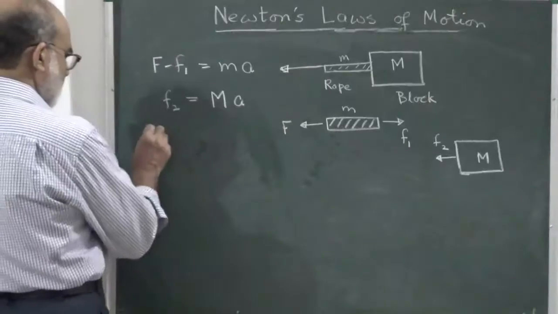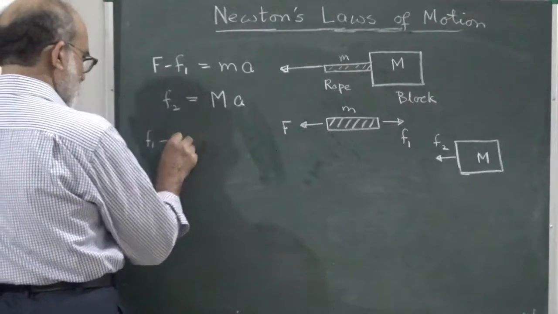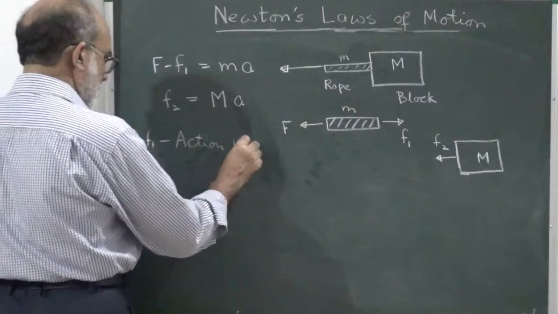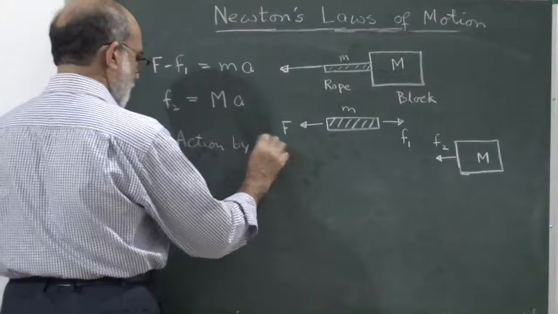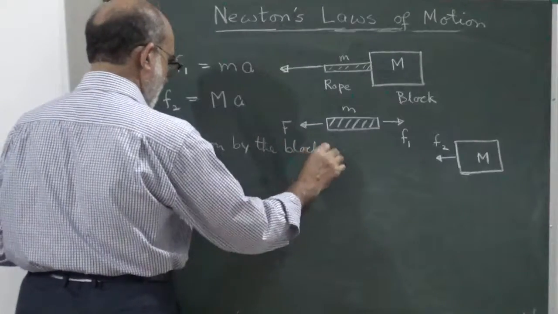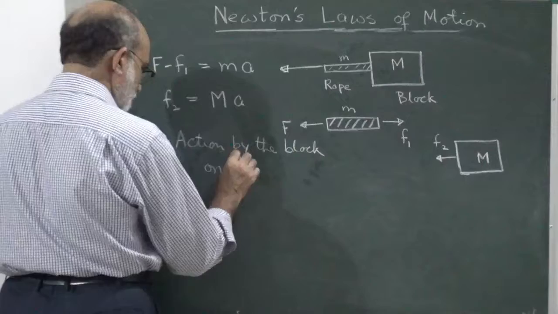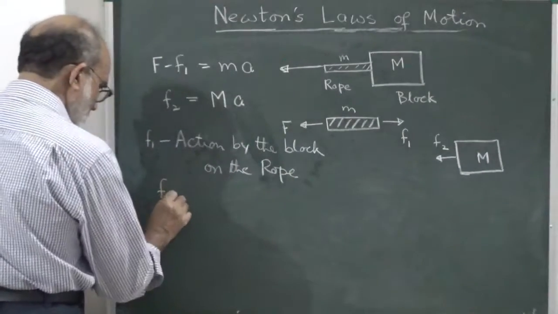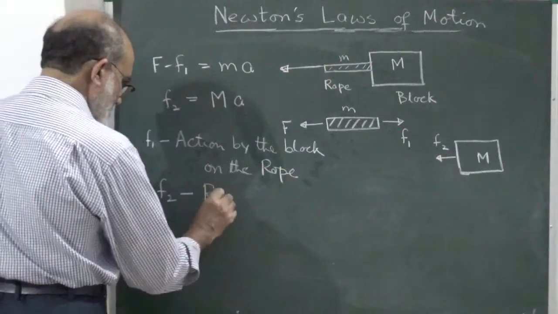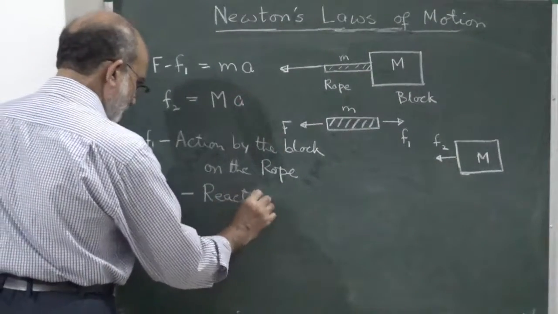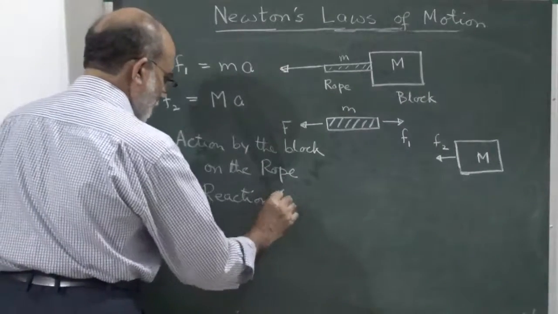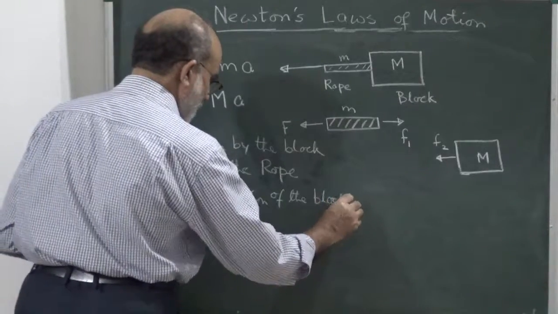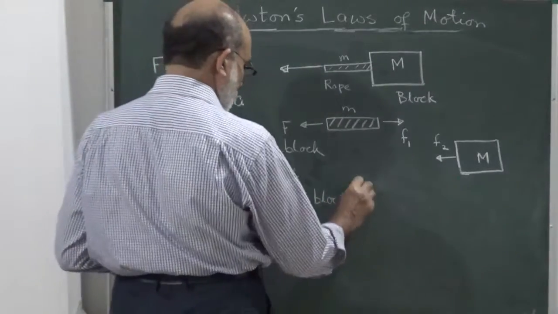So F1 is the action by the block on the rope, then F2 is the reaction of the block by the rope.